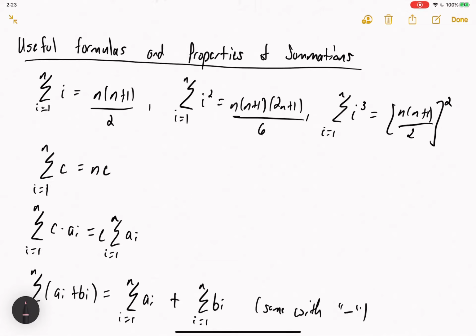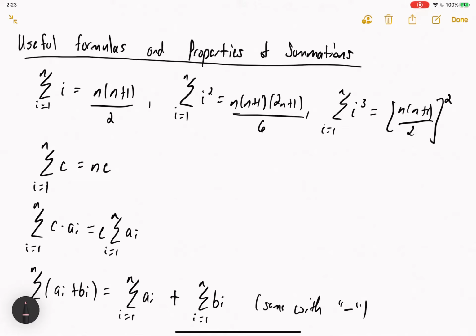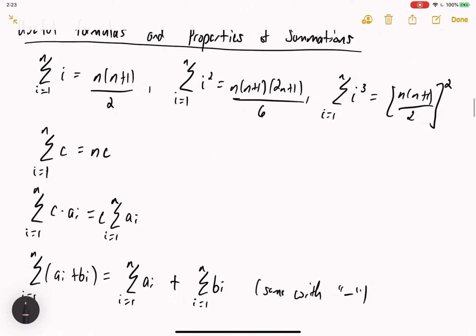So definite integrals are defined in terms of sums. In order for us to understand definite integrals, we need to understand the sums. So it's good to have an idea of some useful formulas and properties of summations for these sums. We have some very nice ones.